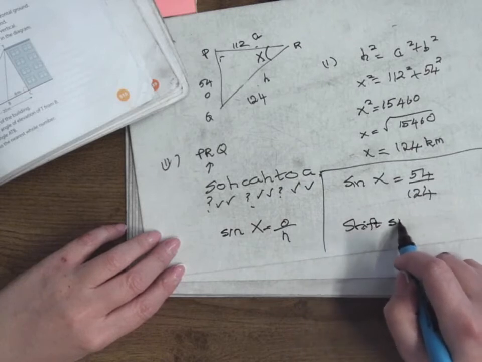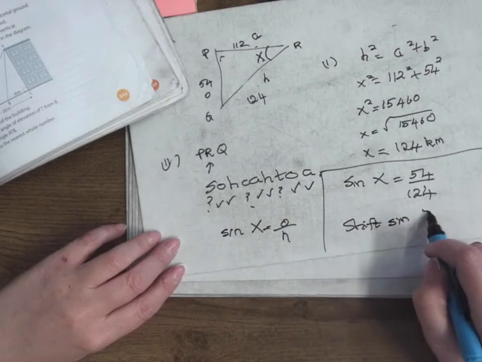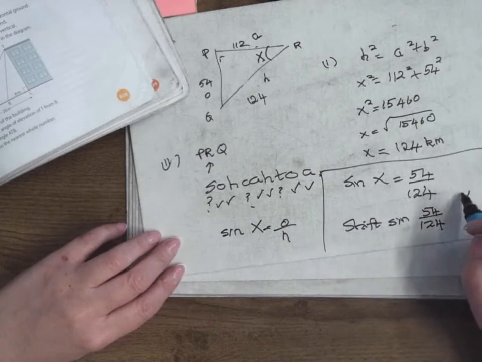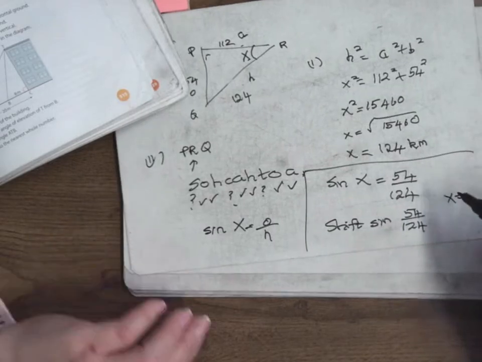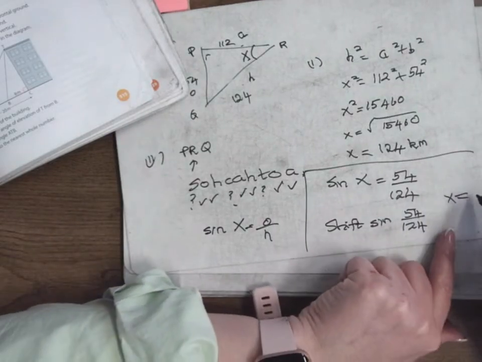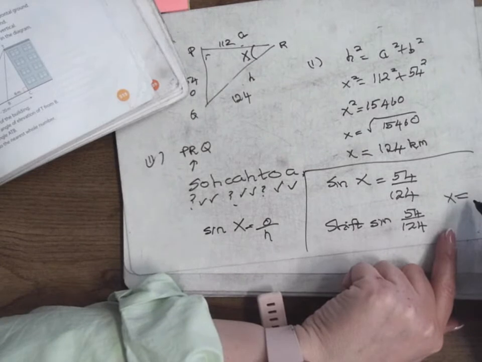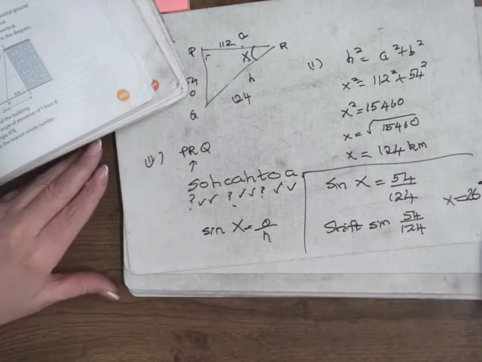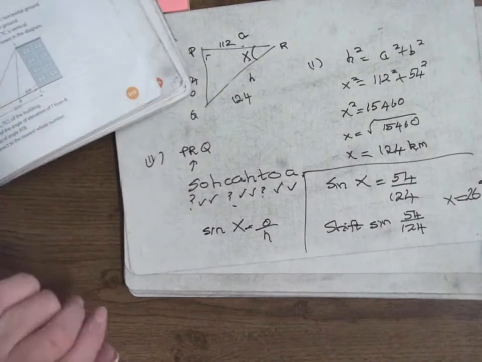So that's what you do when you're missing the angle. 54 over 124 and equals, and you get that the angle x is equal to, again rounded to the nearest whole number, 26 degrees. Okay, are we good? Right, that's number 4.